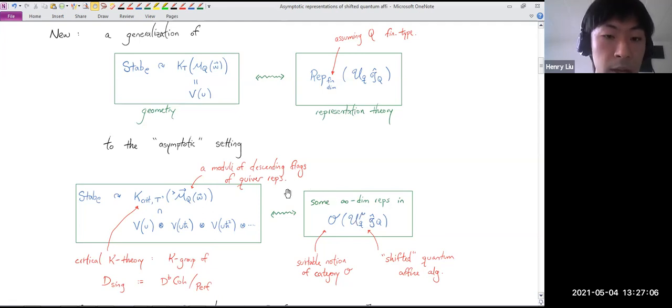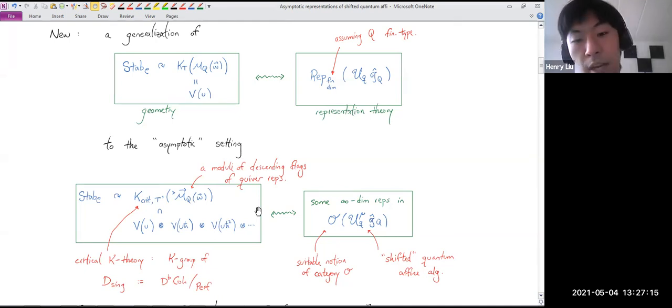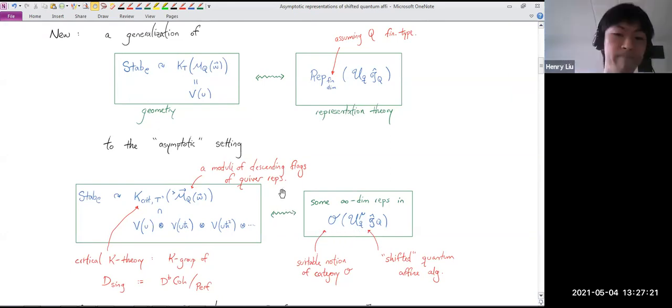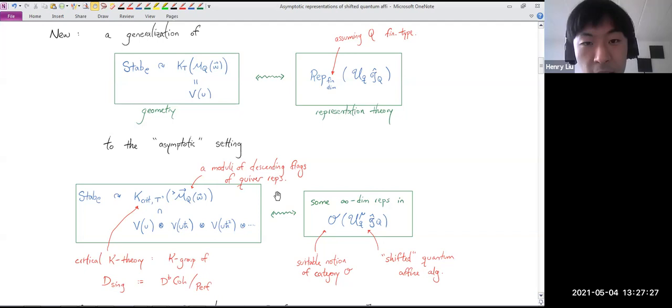And so what you get out of this is some kind of geometric representation theory of certain representations of shifted quantum affine algebras. And I suppose if you're a representation theorist in this area, this is fairly interesting. Now, on the other hand, we can also run this in reverse.